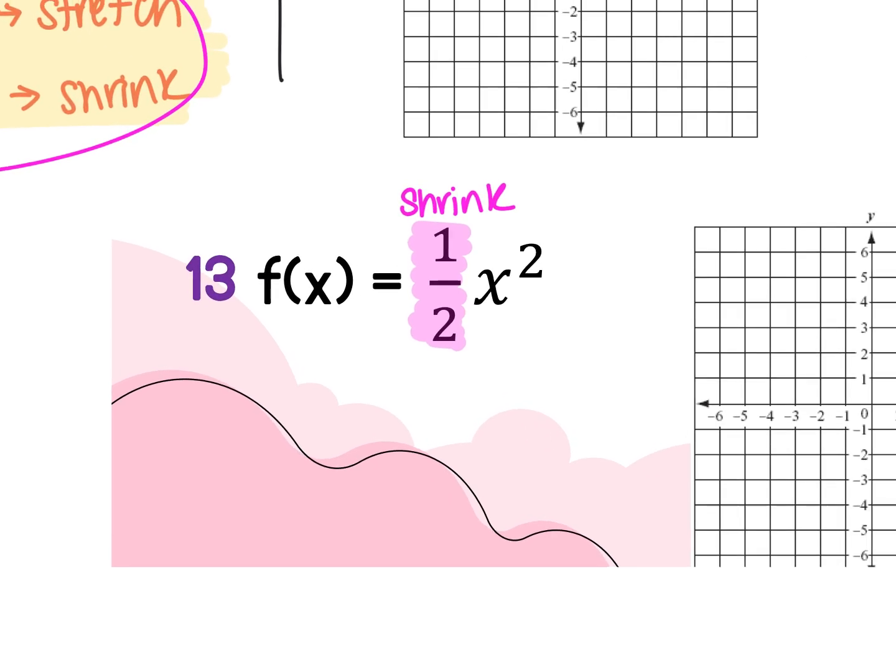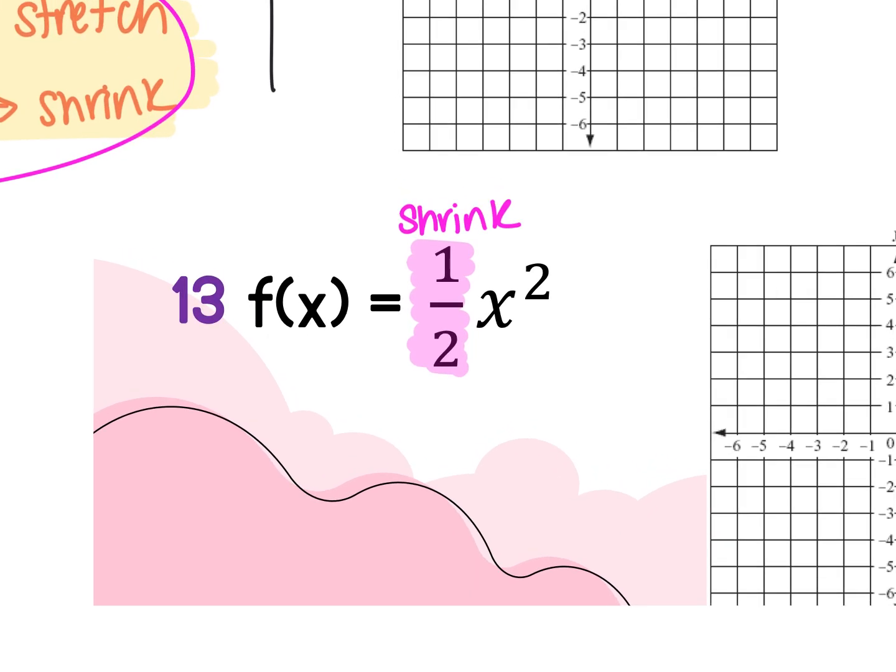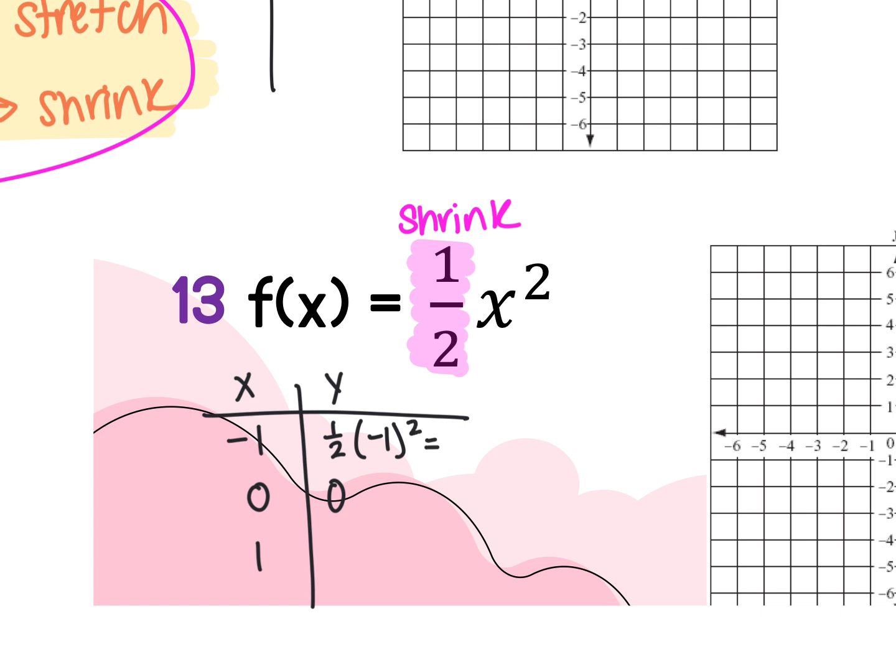So looking at it, plugging in those key values: -1, 0, 1. This one's pretty easy. It's just a 0. Is it always going to be 0, 0? Most likely. But plug it in, see if it works. Going ahead and solving, I'm going to have 1/2 times -1 squared. What's -1 squared? +1.